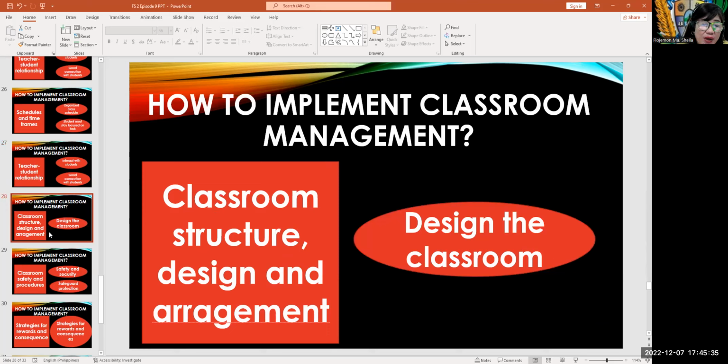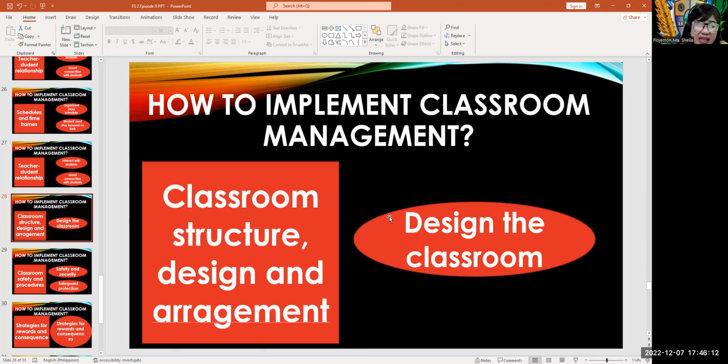Now, a classroom structure, design, and arrangement for you to really implement your classroom management is that you have to create a design of your classroom. You have to set up your classroom, because it is an important component in a learning environment, and a very essential piece in your classroom management to support both your teaching and learning.